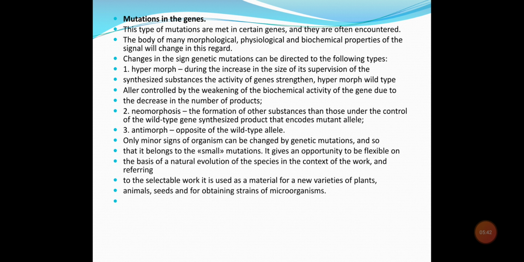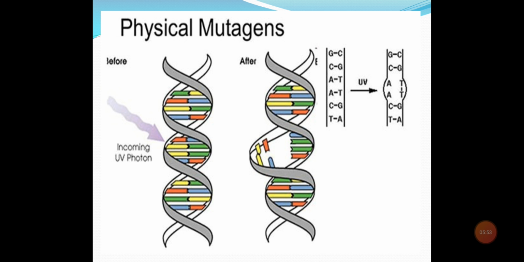So if we have a point mutation that forms a new codon, and that new codon still codes for the same amino acid, then we know that this is a silent mutation because the same amino acid sequence will form. On the other hand, a point mutation that changes the codon and the amino acid that is produced is known as a missense mutation.